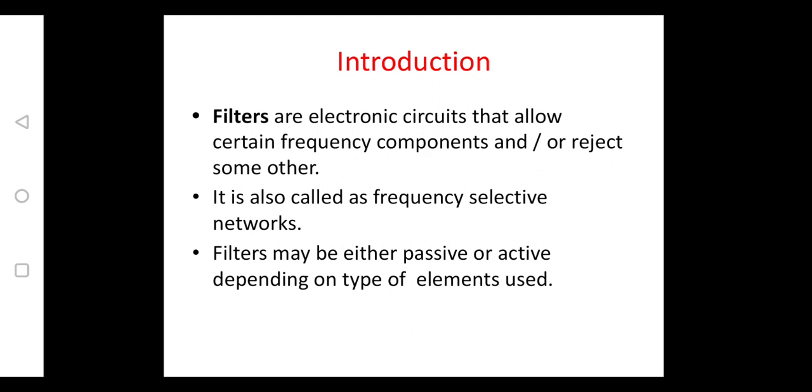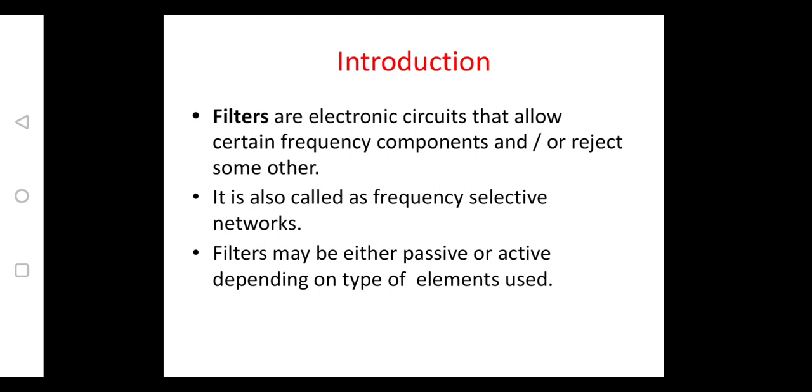Filters are electronic circuits which will allow certain frequency components and reject other frequency components, as it is allowing or selecting particular frequency components. Filters are also called frequency selective networks, and depending upon the elements which we are using in the filters, these filters may be either passive filters or active filters.